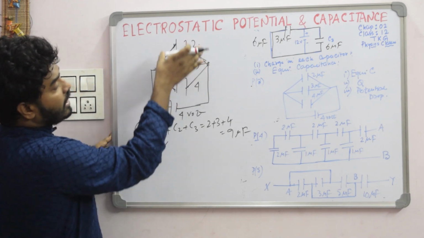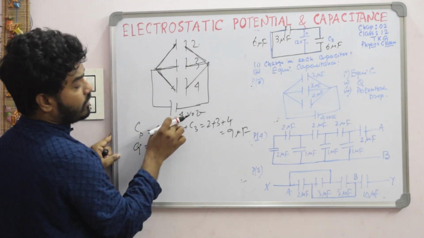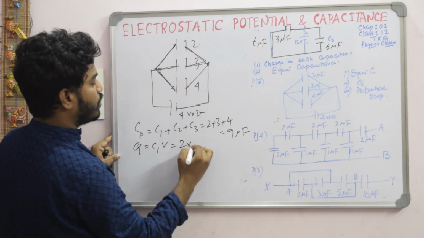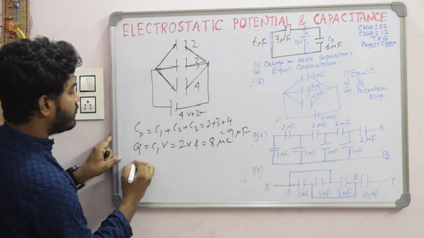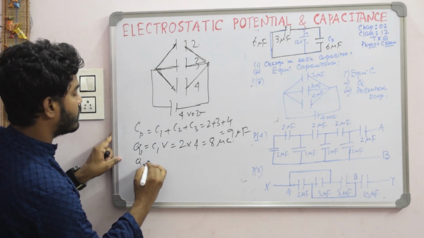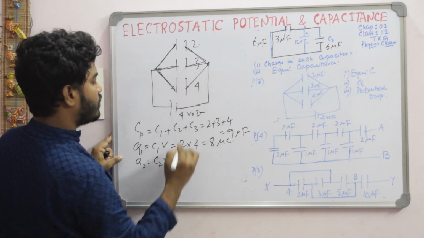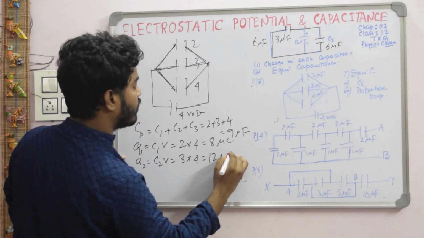Here these 3 capacitors are connected in parallel, so the potential is the same, and that is 4 volt. So 2 into 4, that is 8 microcoulomb. For the second, the formula will be C2 into V. Here C2 is 3 and V is 4. So this one is 12 microcoulomb.